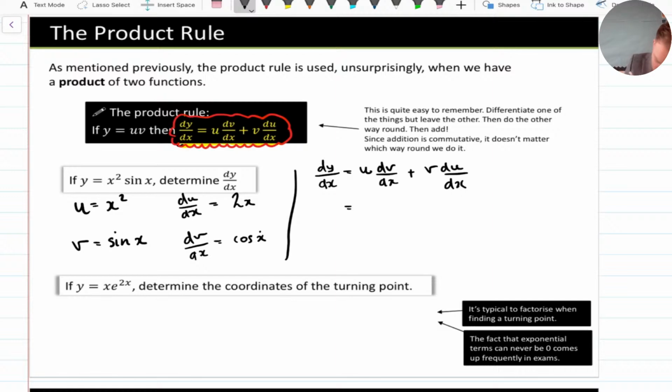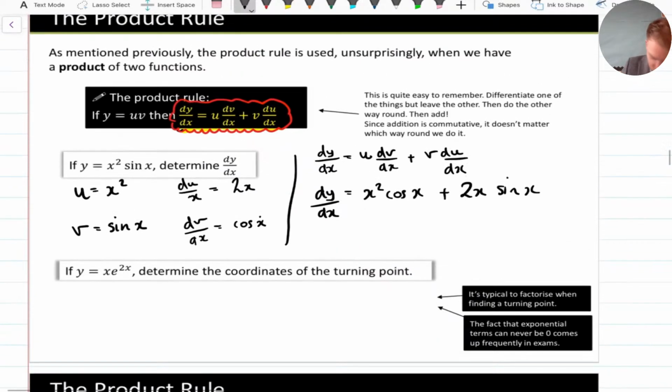Now u is x squared. It's always kind of a cross usually like that. Multiply these. If you want a quick way, you don't need to write it out every time, but it's nice to do it at first. So it's u dv by dx, which is x squared cos of x, plus v du by dx. I'll do the du by dx times v first, so we've got the 2x in the front: 2x times sine of x, and there we go. That there is an example of the product rule.